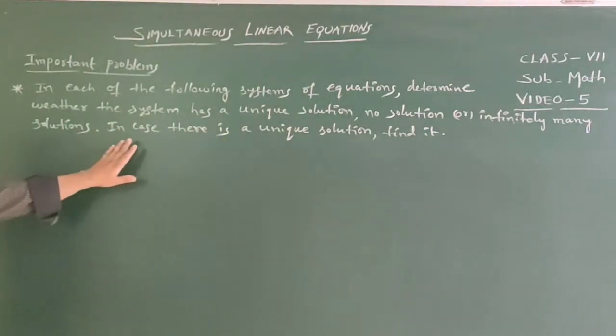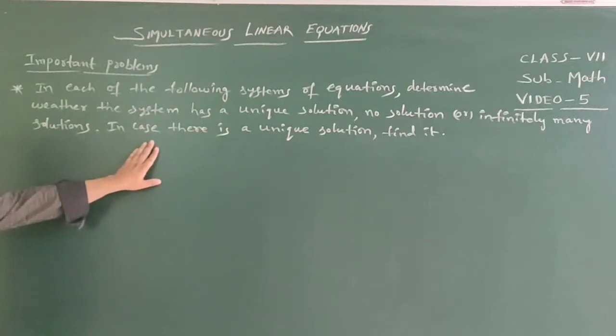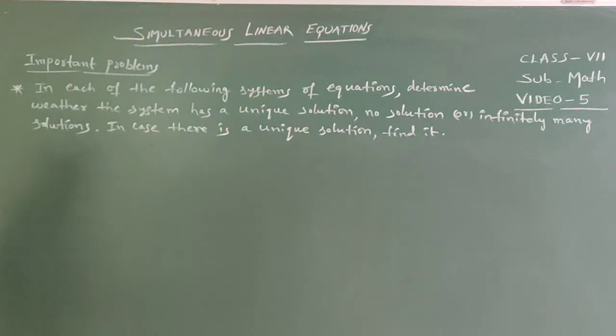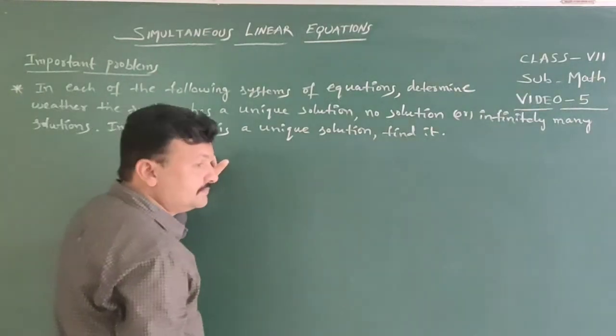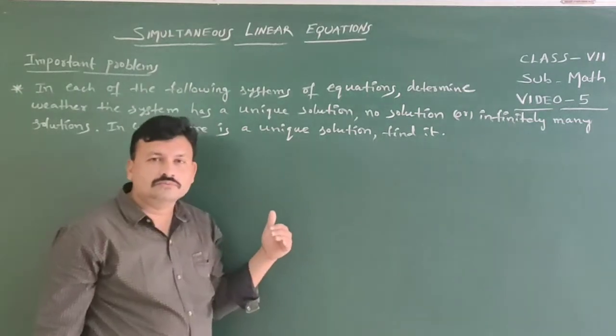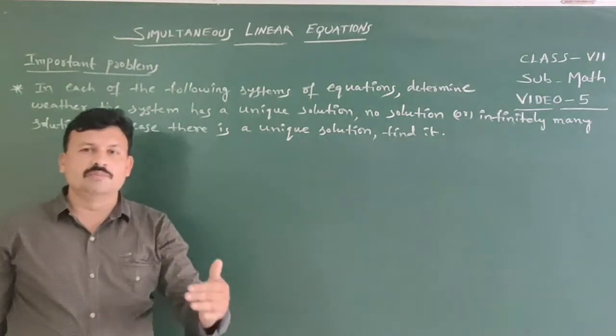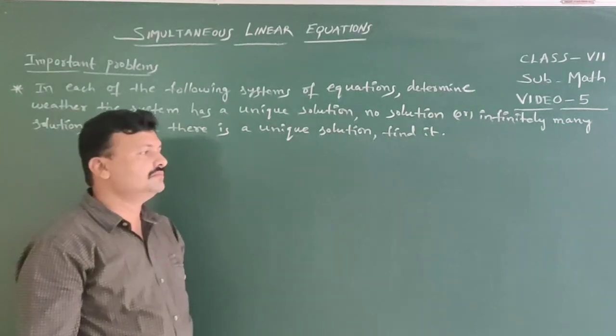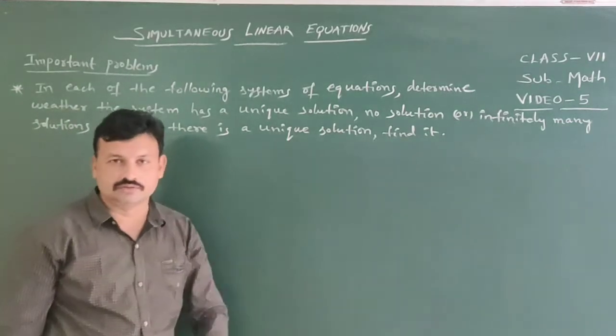The given system has a unique solution. What is the condition? a1 by a2 is not equal to b1 by b2. The system has no solution when a1 by a2 equal to b1 by b2 is not equal to c1 by c2. Then the system has no solution.